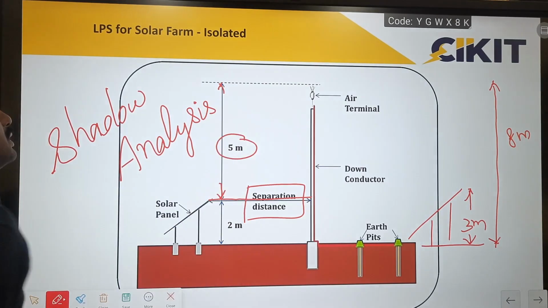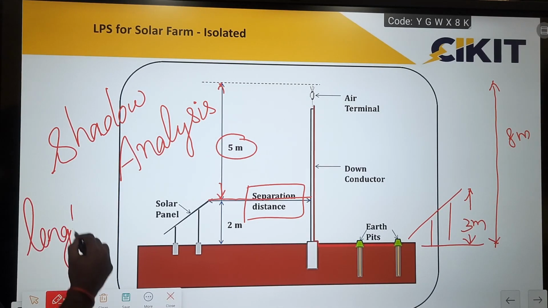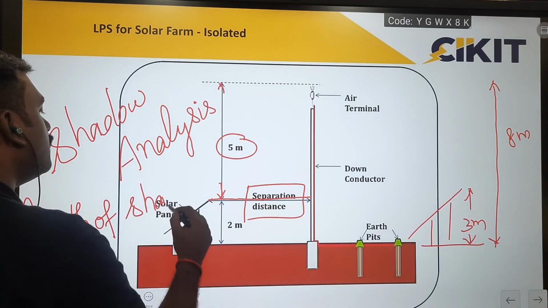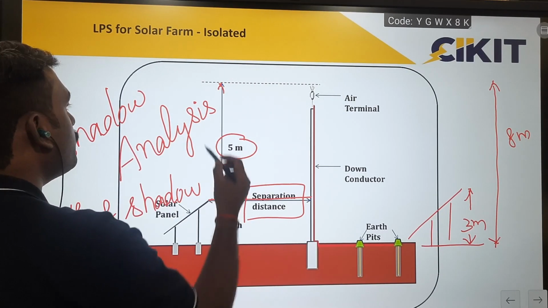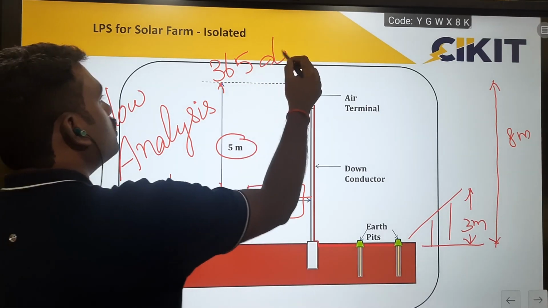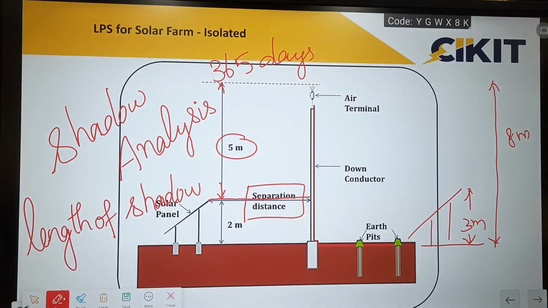In shadow analysis, we perform calculations for finding the maximum length of shadow in different climatic conditions throughout the year. The calculation will be performed for 365 days. Among the 365 days, there will be some days on which the maximum shadow happens.